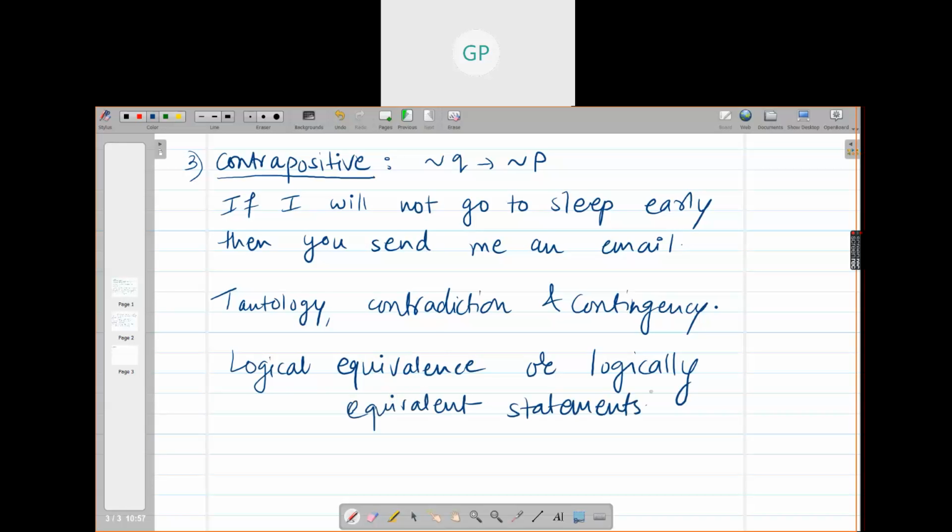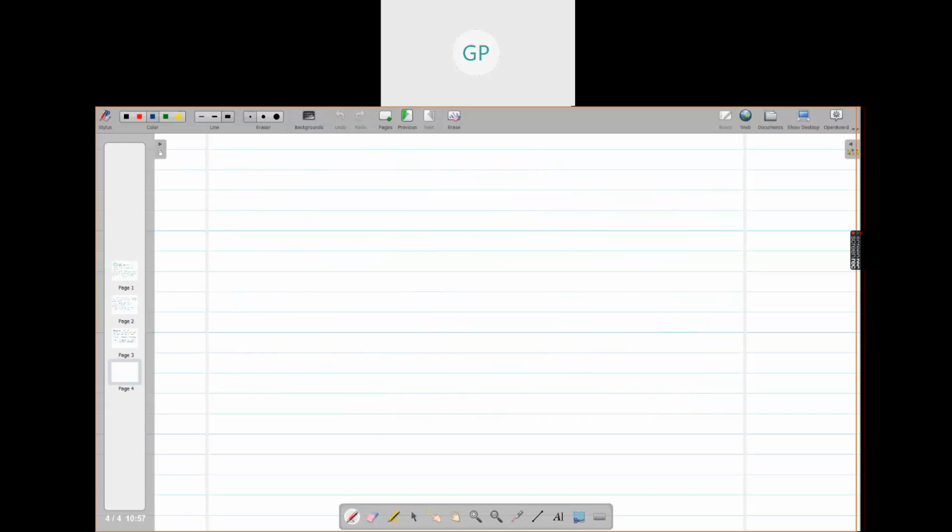Okay, so you must have done a little bit of these logically equivalent statements. Anybody can recall? Under this we have certain properties also, but first we will see what is the meaning of logically equivalent statements.